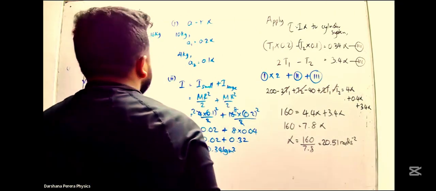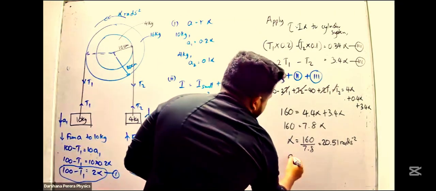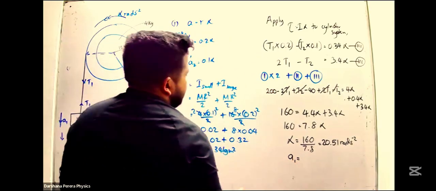Then the acceleration A1 equals 0.2 alpha.